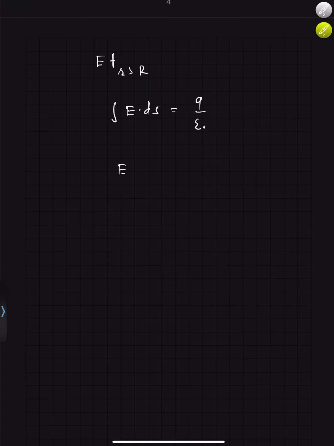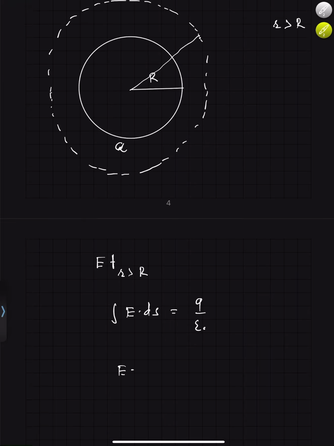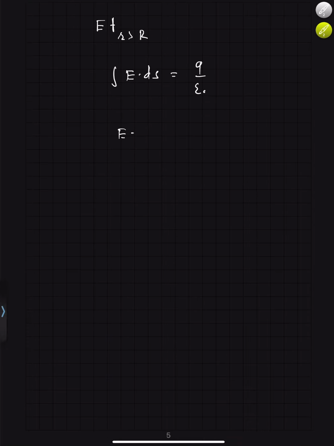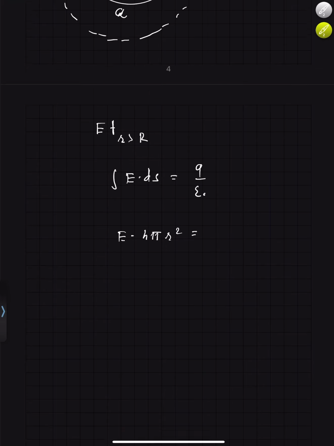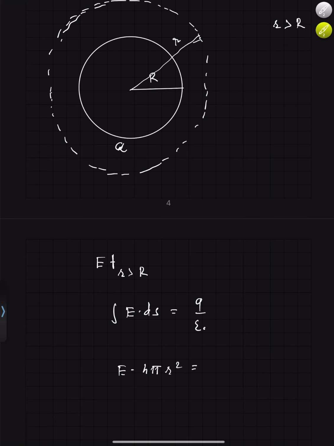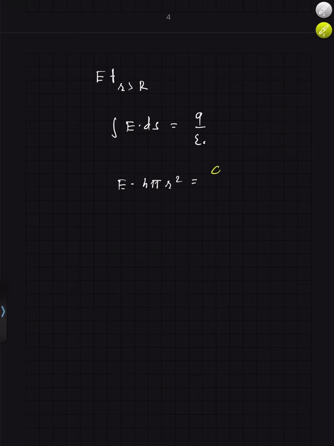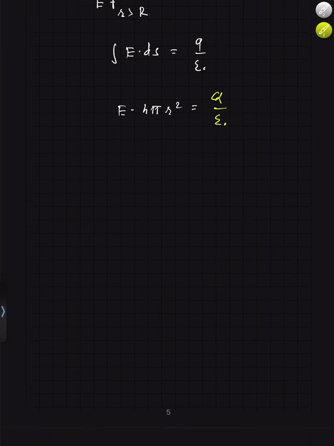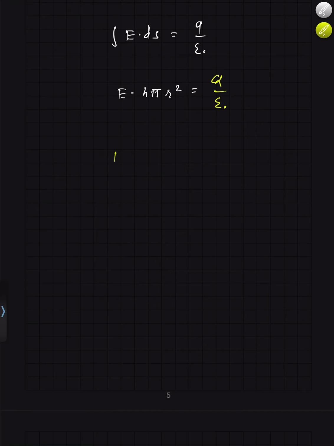The Gaussian surface area is 4 pi r square, and the enclosed charge is capital Q. So the electric field E is equal to Q by 4 pi r square epsilon naught.